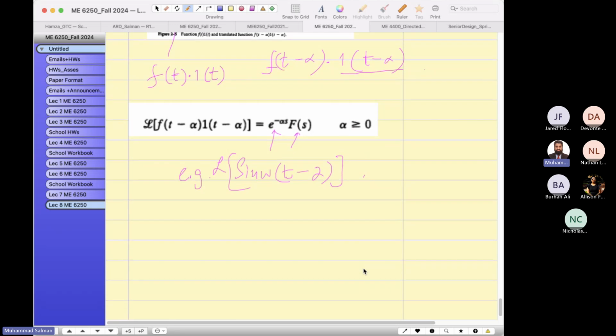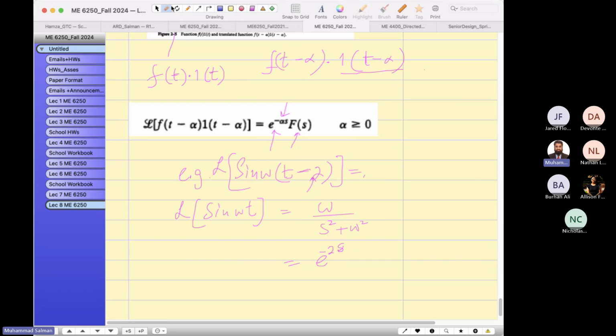So you don't need to do every integration every time. We know that the Laplace transform of sine omega t equals omega over s square plus omega square, and then it is delayed. So you would write down e to the, how much delay it is, negative 2s, correct?